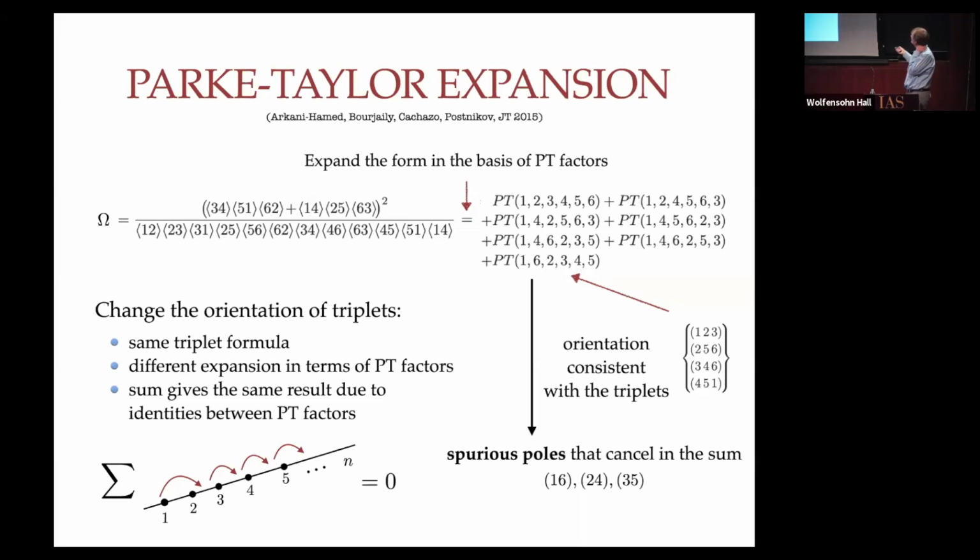Note that in this expansion, you would actually, term by term, generate spurious singularities or spurious poles. For example, the 1, 6 pole, which will appear in some of the Parke-Taylor factors, is absent in this formula, and they will cancel once you do this sum.